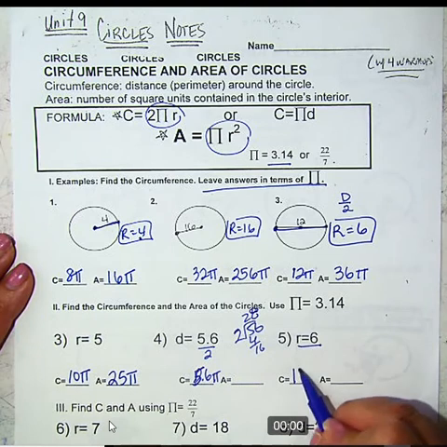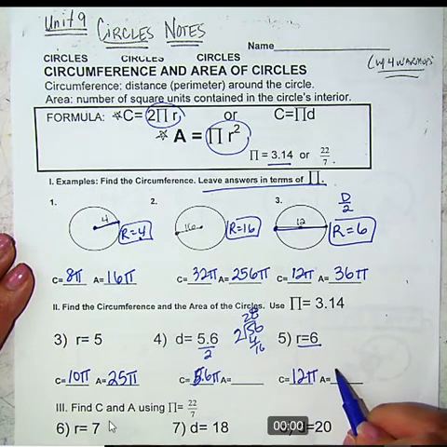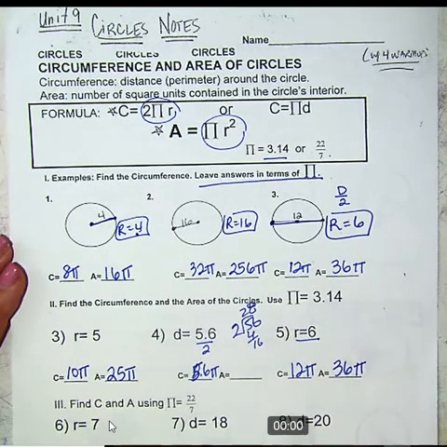My radius is 6 here. This is going to be 12 pi. My area is 36 pi.